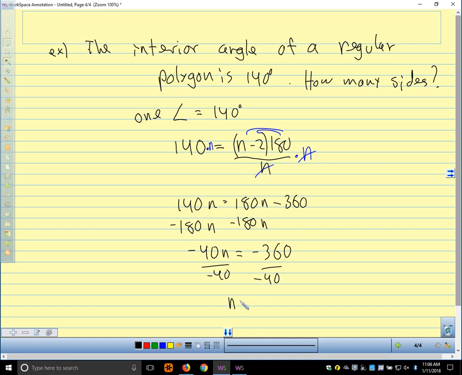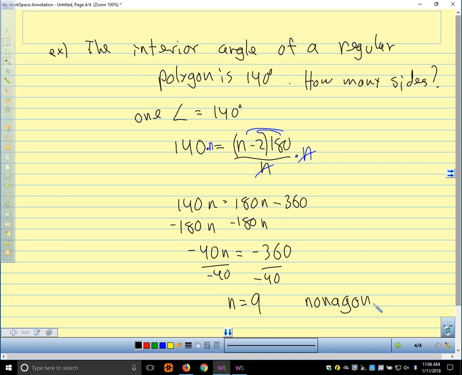And I get n equals negative 360 divided by negative 40, which is 9. So what is this thing? How would we name it? 9 sides? Do we remember? Nonagon. We have 9 sides.